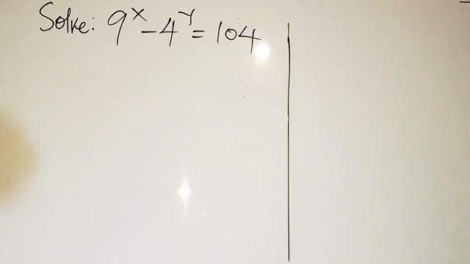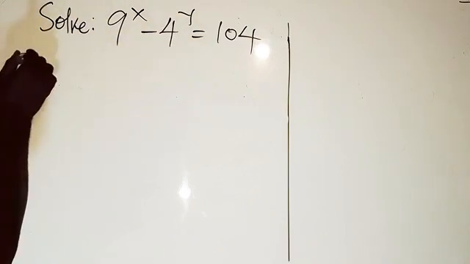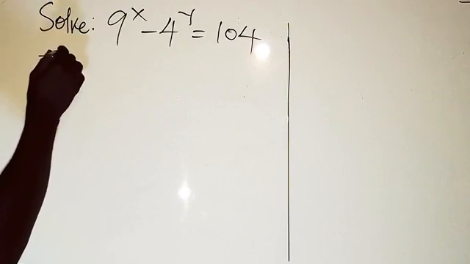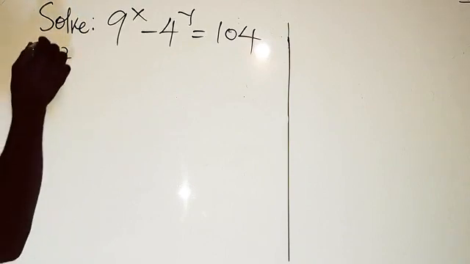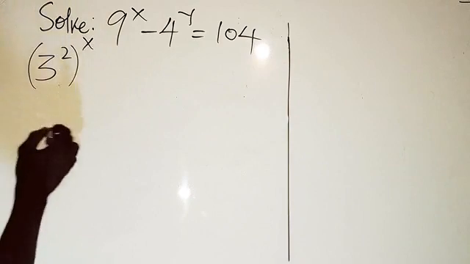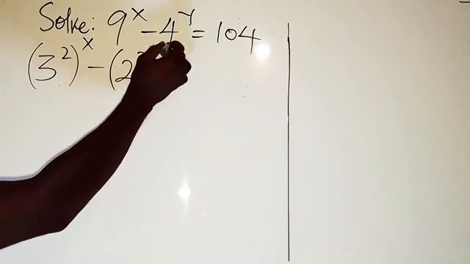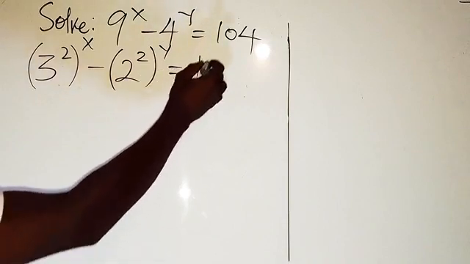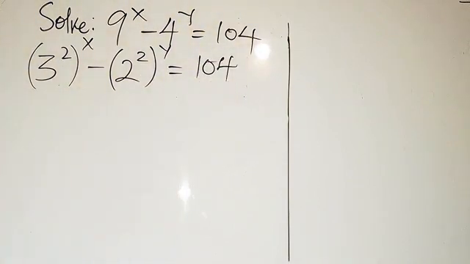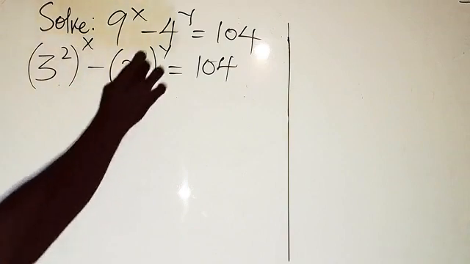x and y. So we are going to be doing some manipulation to get to our destination. From here, I can rewrite this equation like this: 3 to power 2, to power x, minus 2 to power 2, to power y, equals 104.